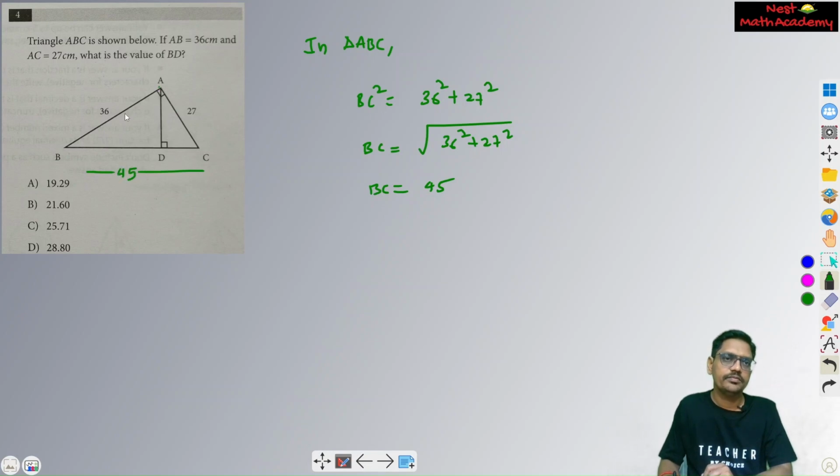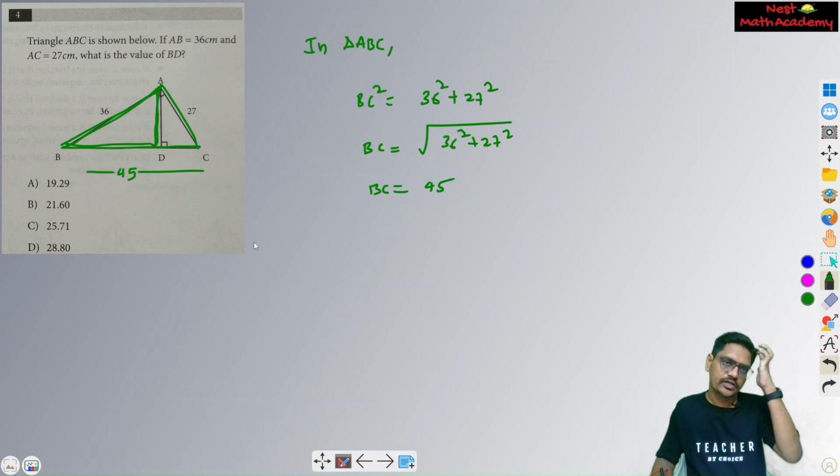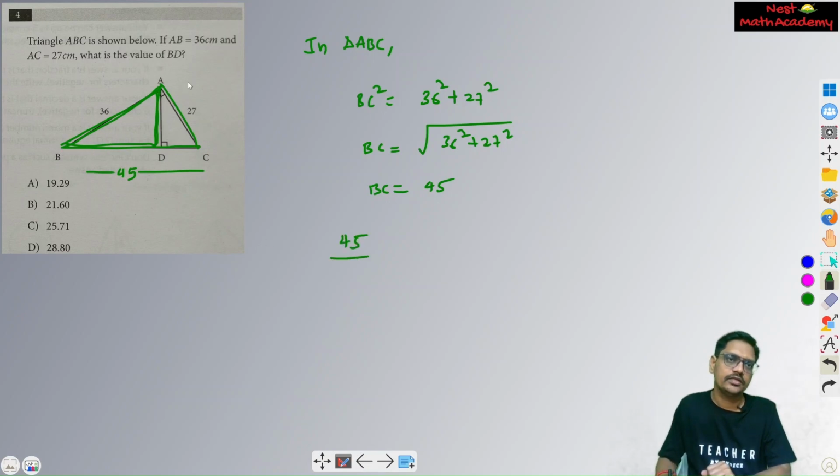Now this big triangle ABC and this triangle ABD, this one. If we take the ratio of the corresponding sides, the longest side here 45 upon 36, the hypotenuse here is 36, the other sides, this is 36 upon the missing side BD.